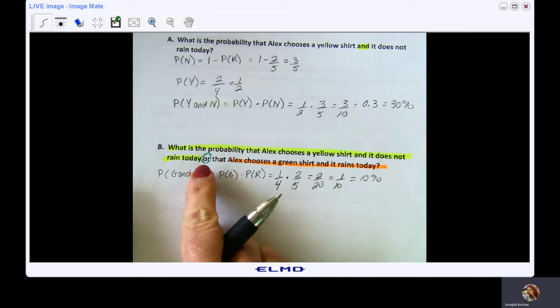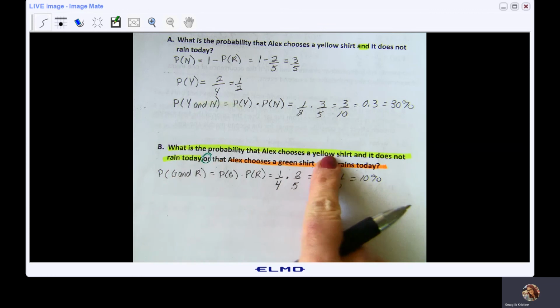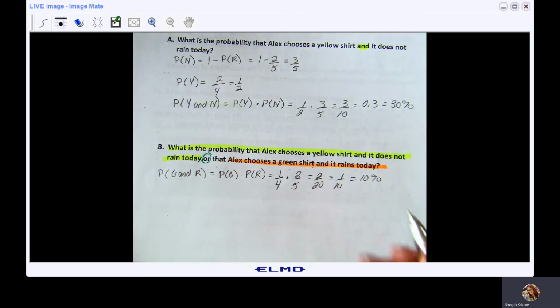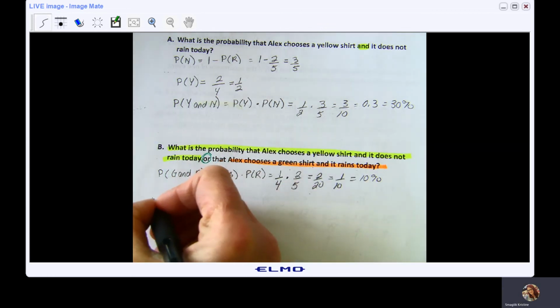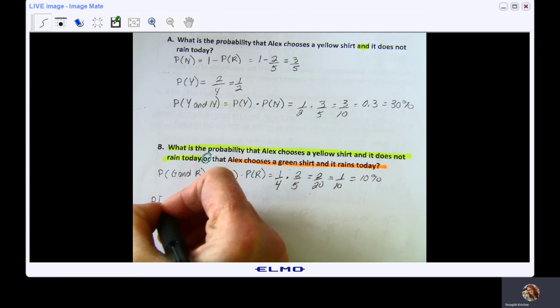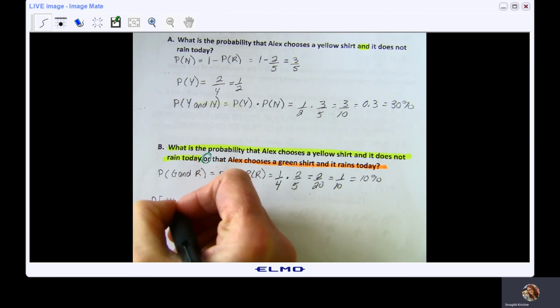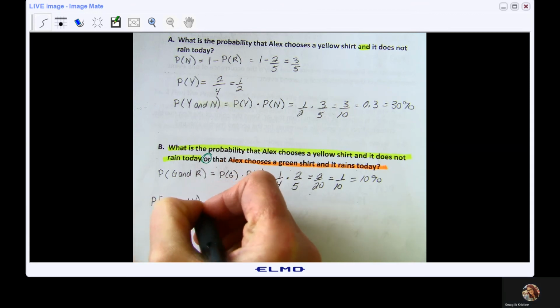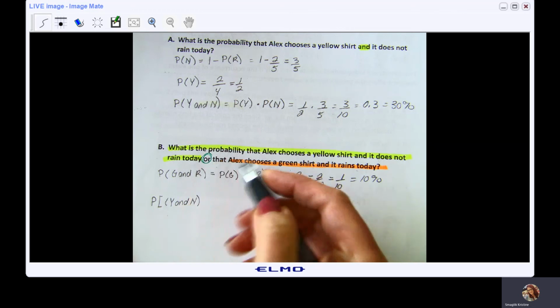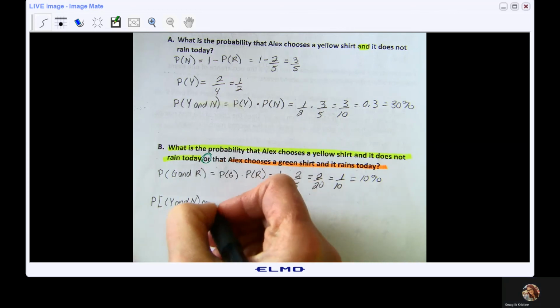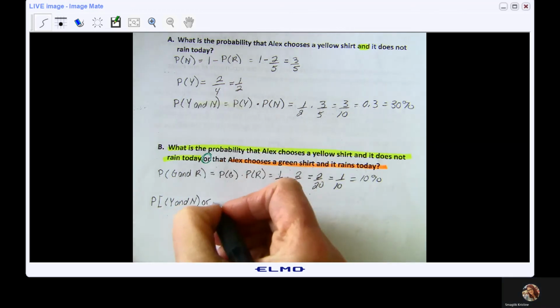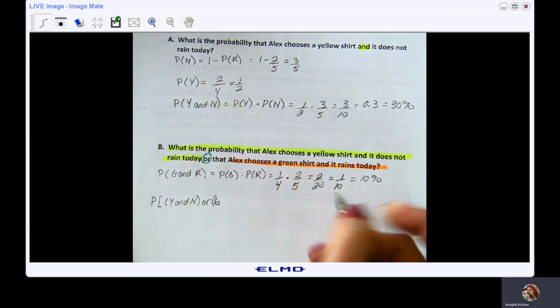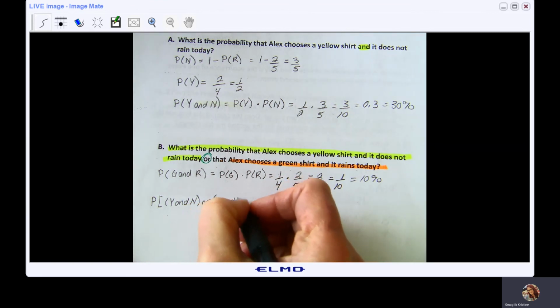So now let's apply that or statement. So my first one, I'm going to use brackets so I'm not going crazy with parentheses. Probability of yellow shirt and no rain, or that's where this or is coming from right here, or we have the probability of the green and rain.